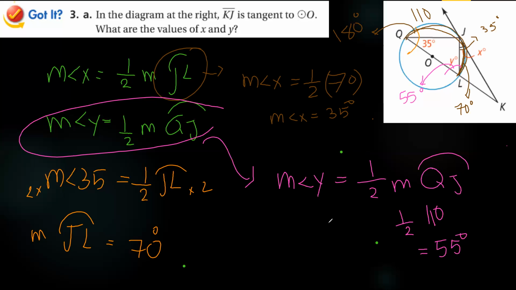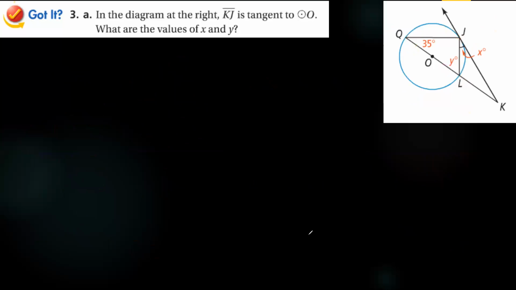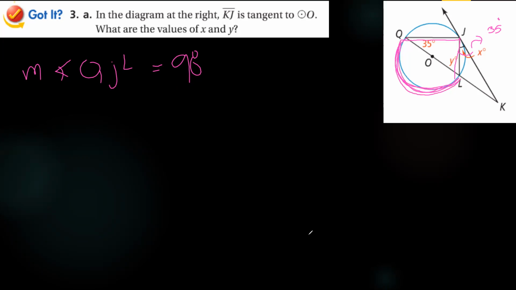Yes, teacher. Let's now, we said before that angle X is 35. And the angle QJL is 90 degrees because it is opposite to the intercepted arc, which is a semicircle.